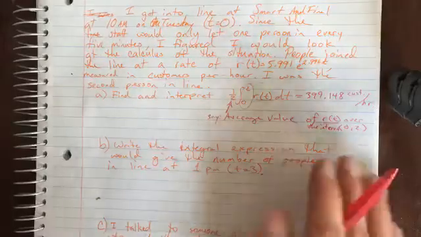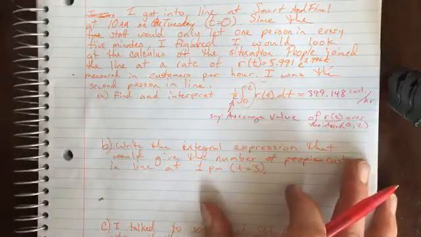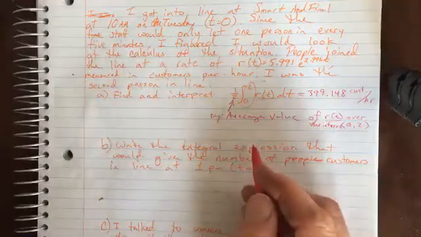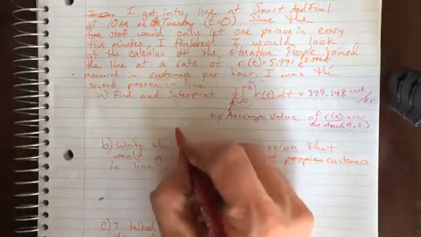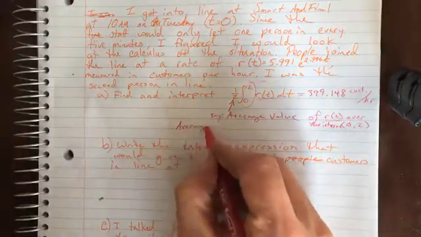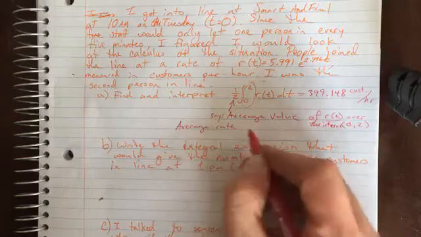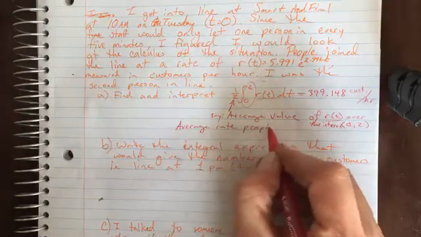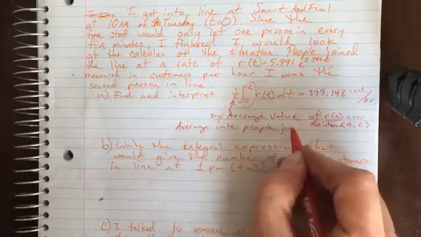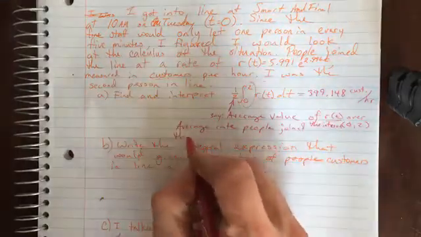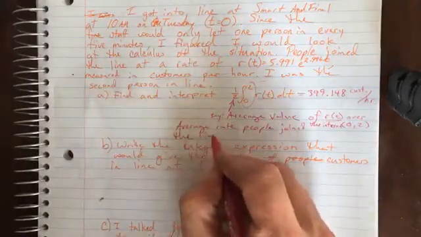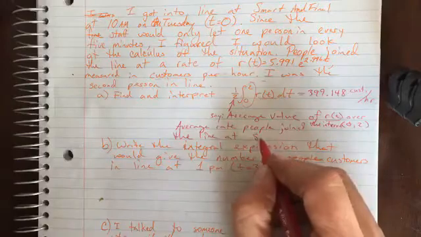People joined at this rate, so this is the average value of that, which means this is the average rate at which customers joined the line at Smart and Final.